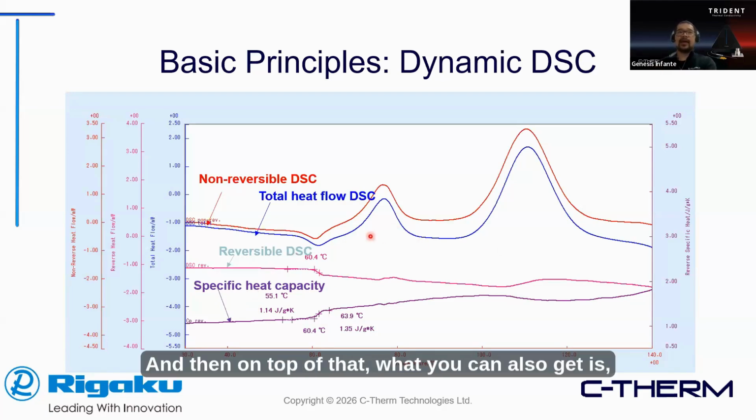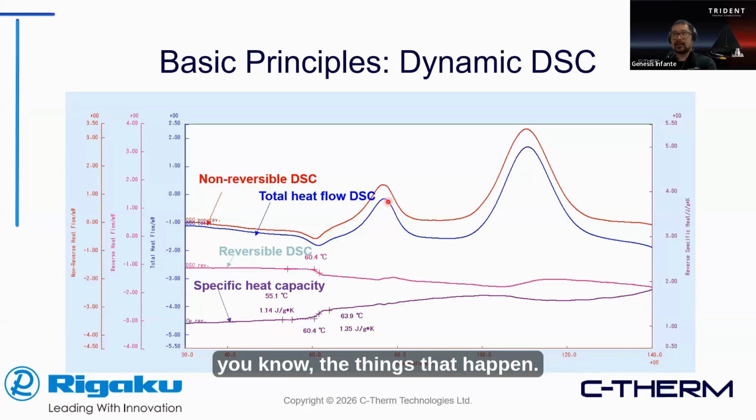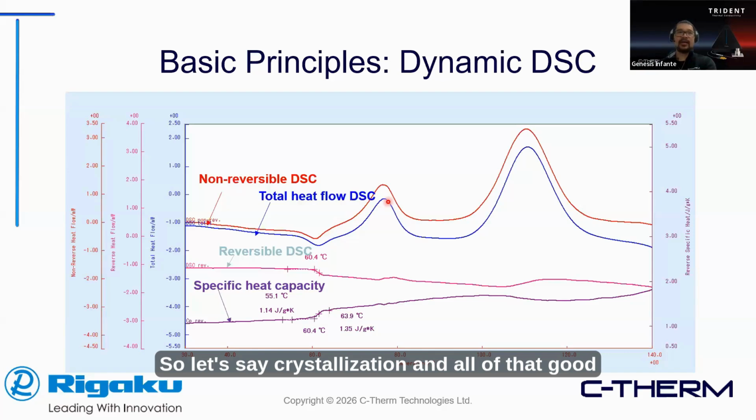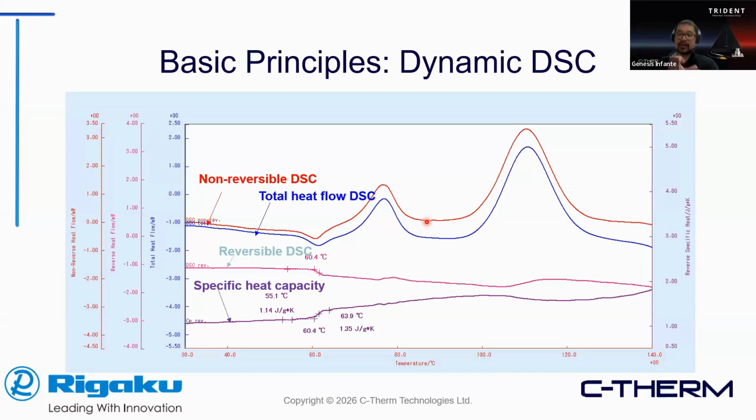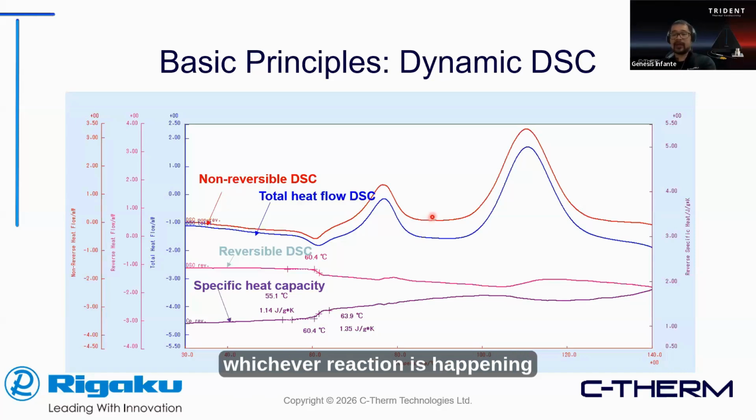And then on top of that, you can also get the things that happen, let's say crystallization and all of that good stuff. You want to make sure that from the total heat flow, you'll be able to separate those two components in case there is a thermal event occurring during that melt or crystallization or whichever reaction is happening at that specific condition.